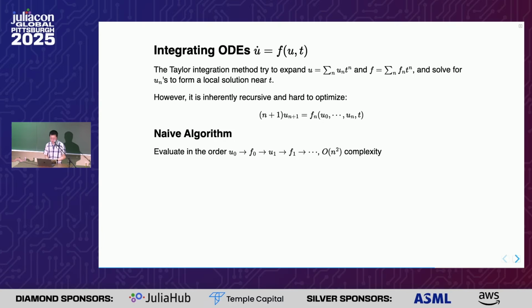But if you try to do this, you will instantly hit a problem, which is that the definition of this ODE is actually recursive, because f is a function of u.